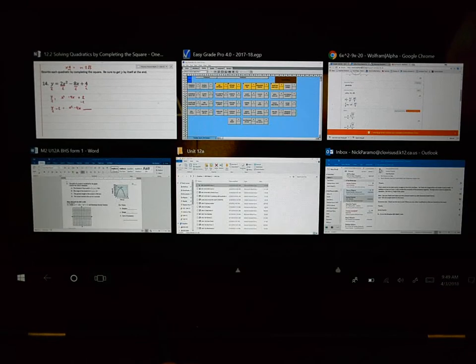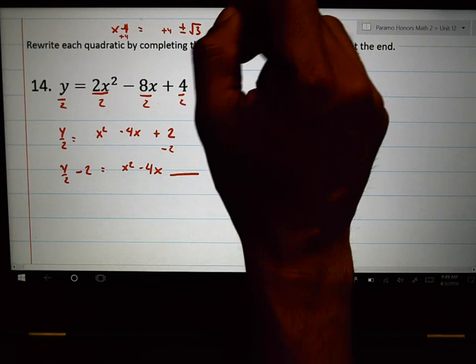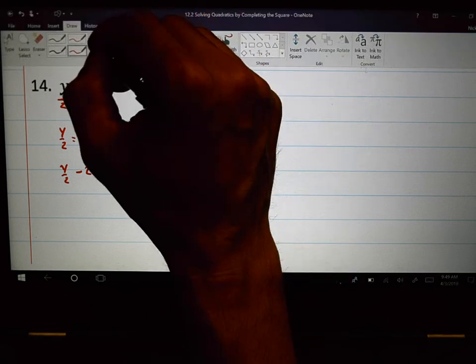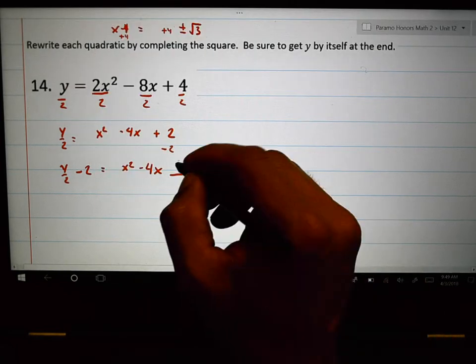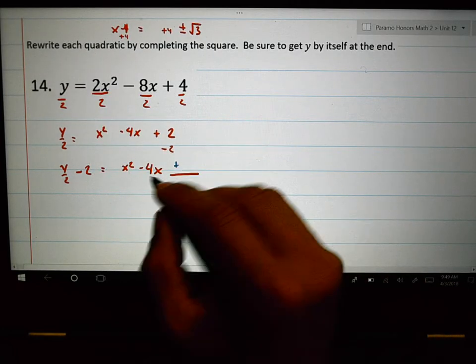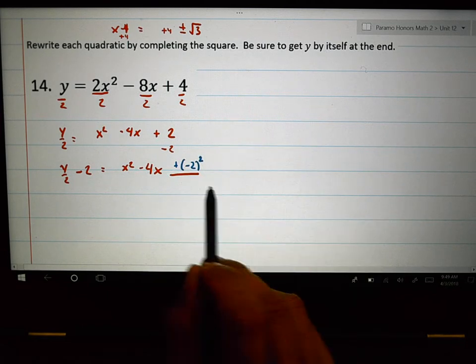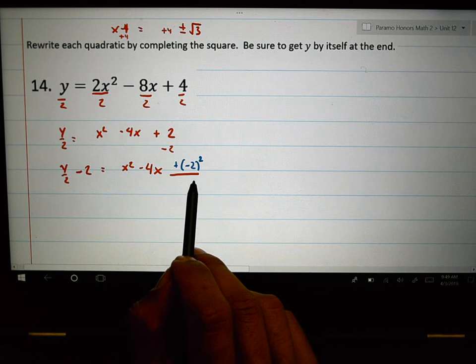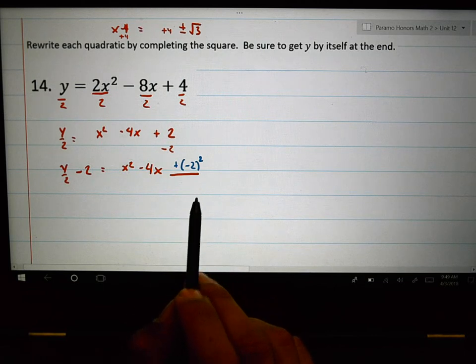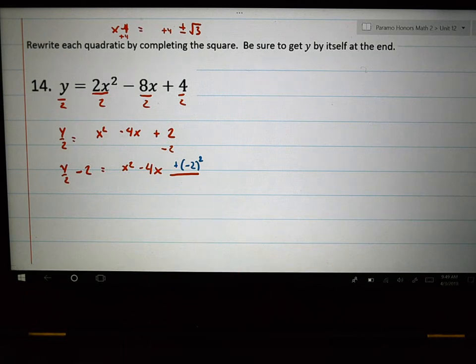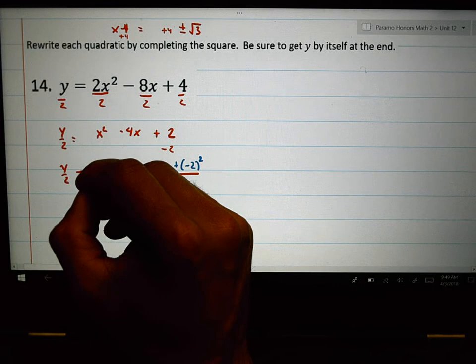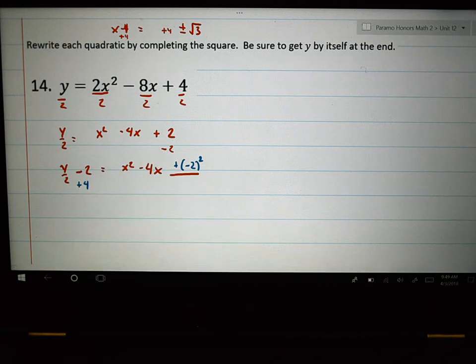Whoa. This one. I was trying to switch to blue. There we go. I'm going to add half of this, negative 2 squared. I put the negative 2 inside parentheses because a negative 2 times a negative 2 is actually going to be a positive 4 over on this other side.